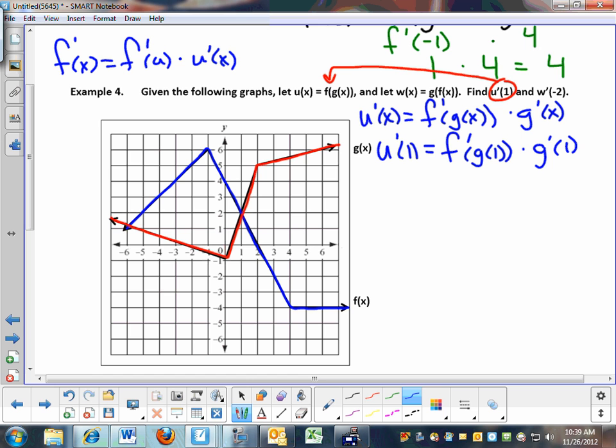So if I say g prime of 1, I'm wondering the slope of g at 1, right? So at 1, g is the red function. What's the slope of g at 1? Let's see, it goes over 1 and up 1, 2, 3. So the slope is 3.